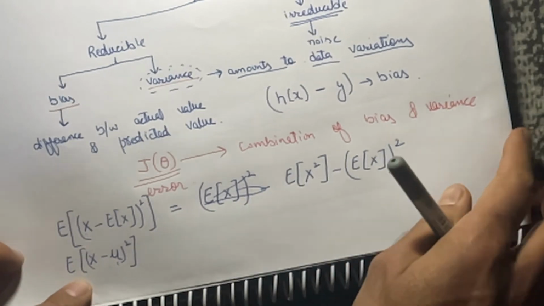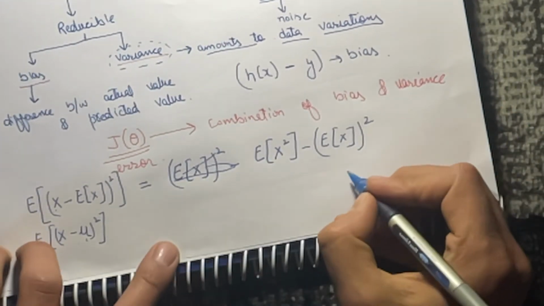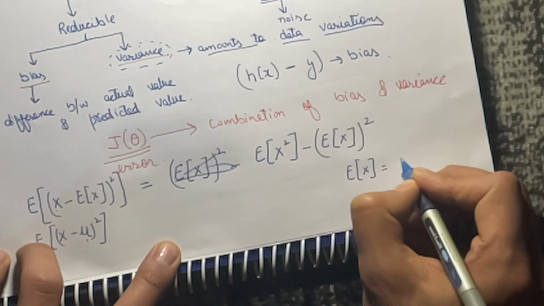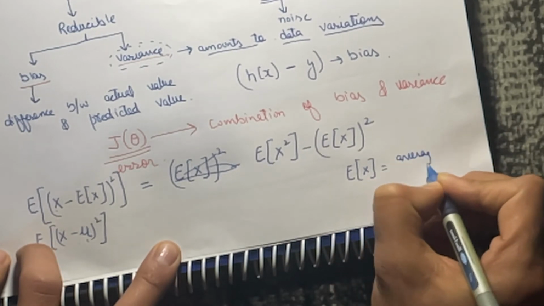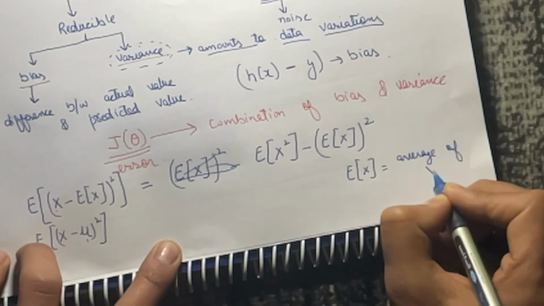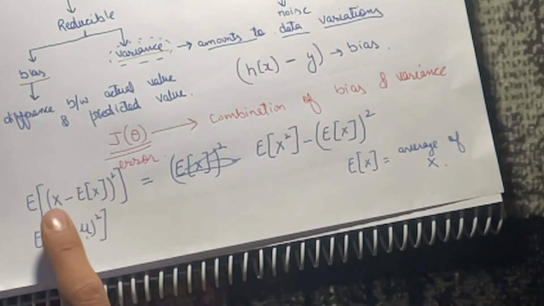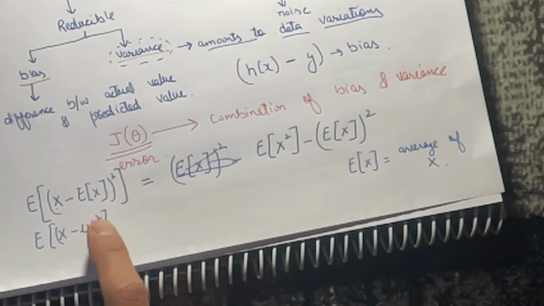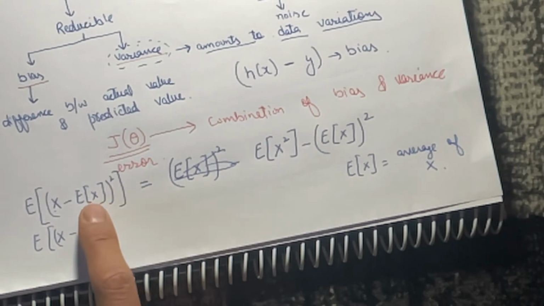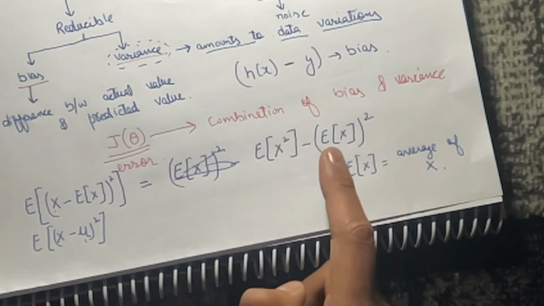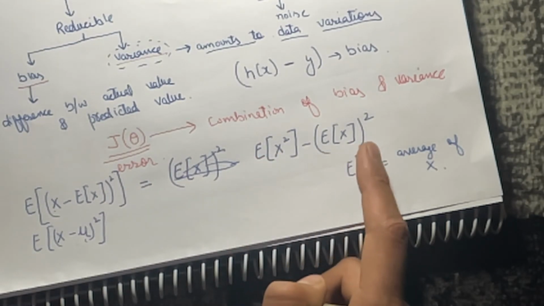To understand this, keep in mind what the expectation of x is. Expectation of x is also called the average value of x. So we are saying expectation of x minus mu, where mu is the mean or average of x, whole square, is equal to expectation of x square minus expectation of x whole square.